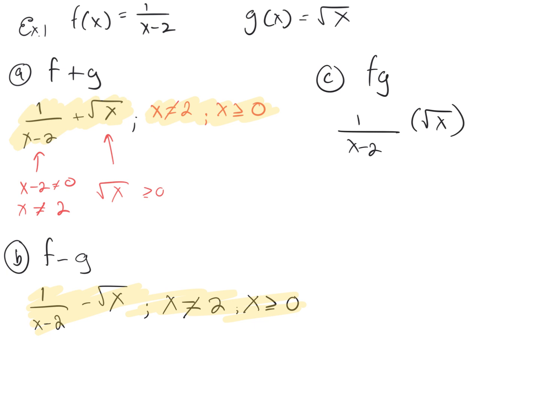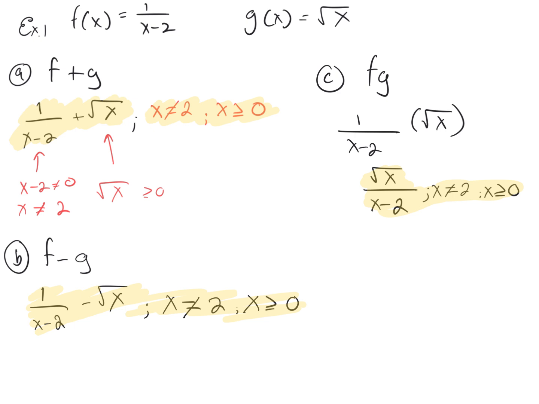We can't simplify this one, so it's going to end up being root x over x minus 2. And the domain will be the exact same because we cannot equal 0, so the domain is going to remain the same for pretty much all of these. So the solution would be this combined form, and then x cannot equal 2, and x is greater than or equal to 0.